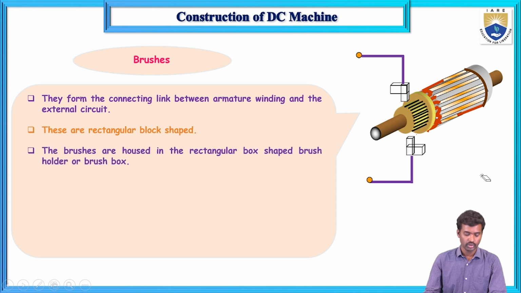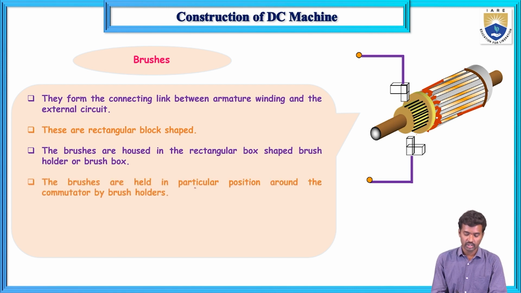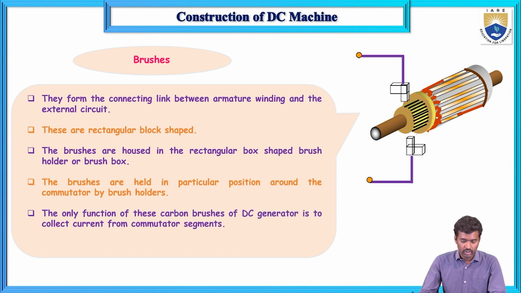Brushes are housed in a rectangular box, known as the brush holder or brush box, and these brushes are held in the particular position around the commutator by brush holders. What is the material we are using here?